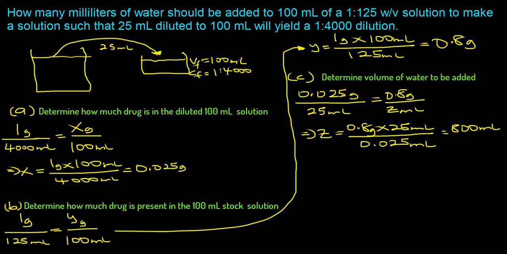But notice that the 800 milliliters that we just determined is the total volume of the original mixture from which we took the 25 milliliters.